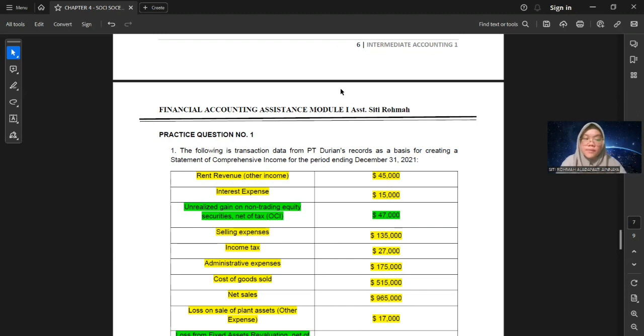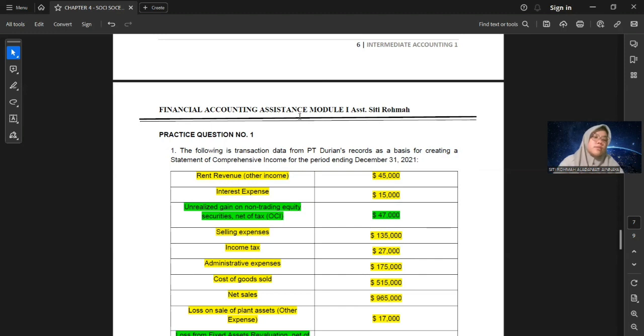Now I will explain to you about the practice questions. Let's go to the first practice question. Okay, this is information from PT Durian regarding the trial balance from PT Durian for the period 31 December 2021.